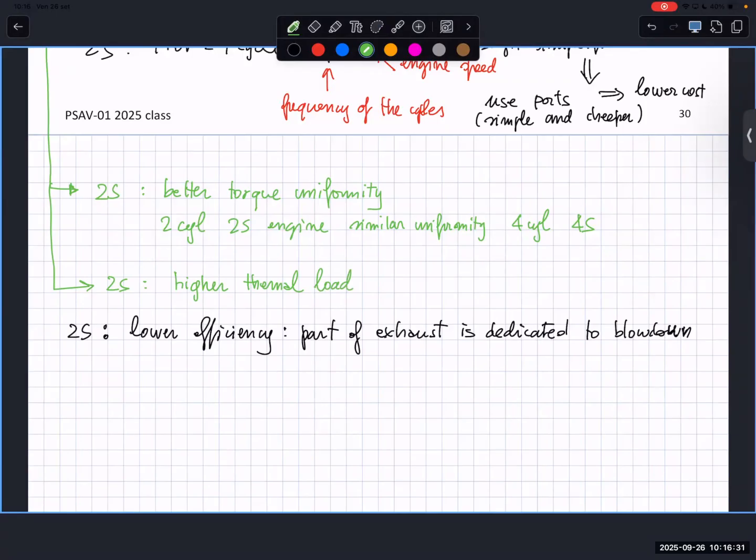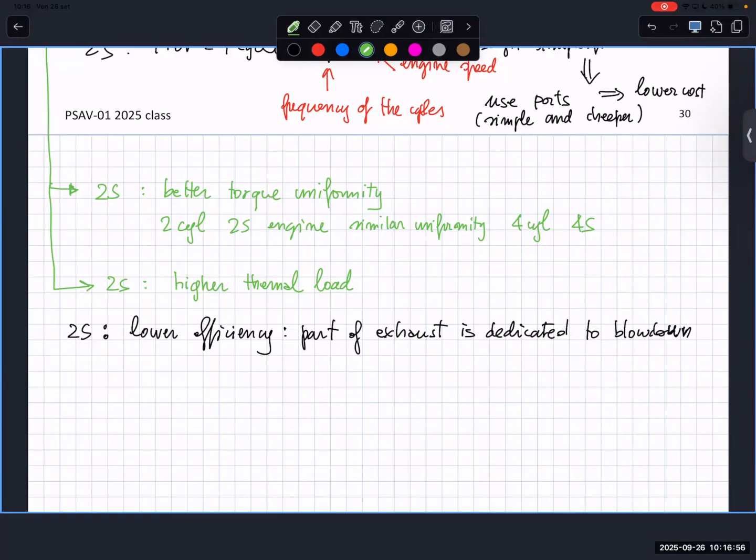So as the power stroke is occurring once every two revolutions, in the same amount of time I will have double the power strokes, and so the heat given to the cylinder will be higher.